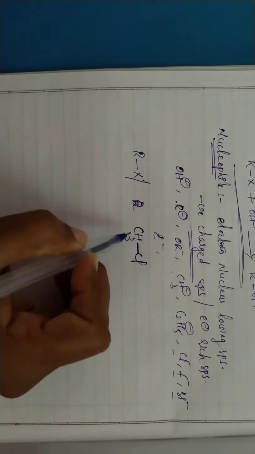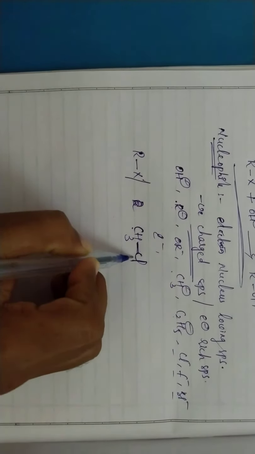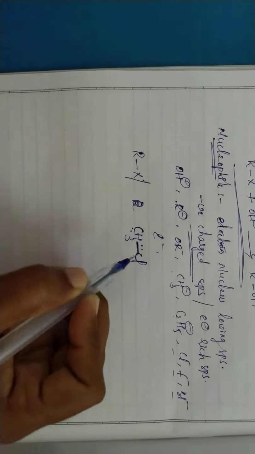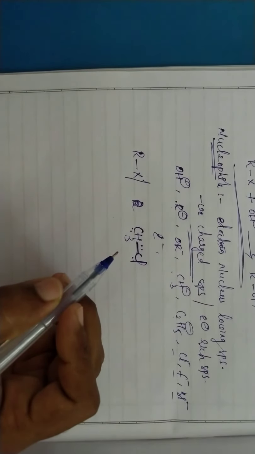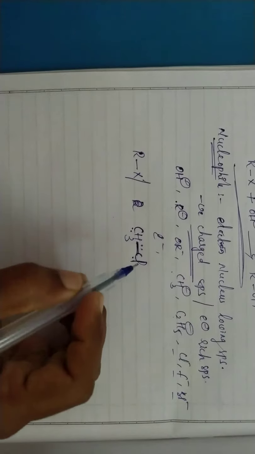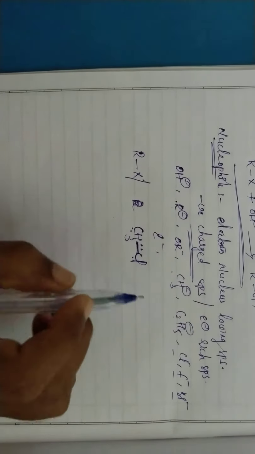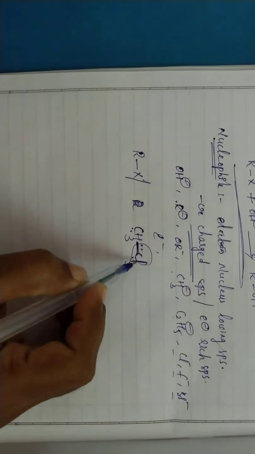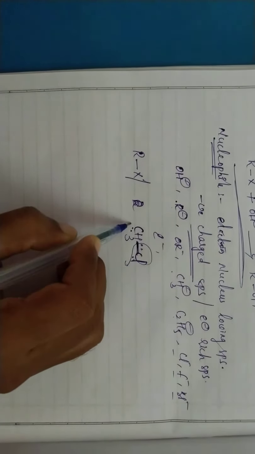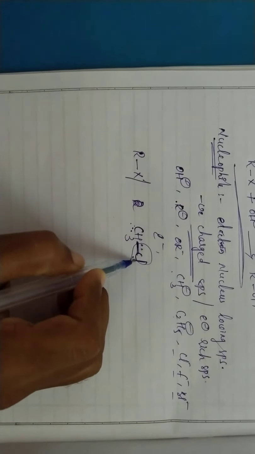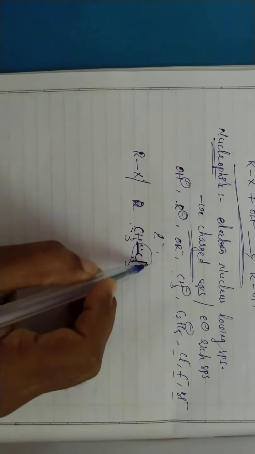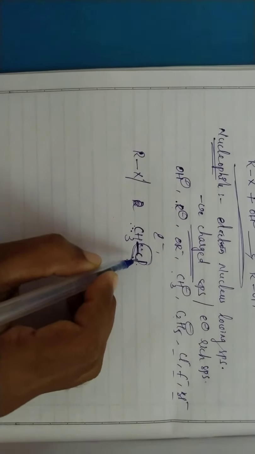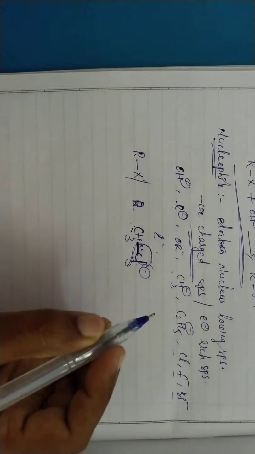So chlorine has more electronegativity than carbon. The bond is nothing but 2 electrons. The equal sharing of electrons is called a covalent bond. These 2 electrons are more attracted by the chlorine, because chlorine has more electronegativity than carbon. So chlorine is getting partial negative charge.